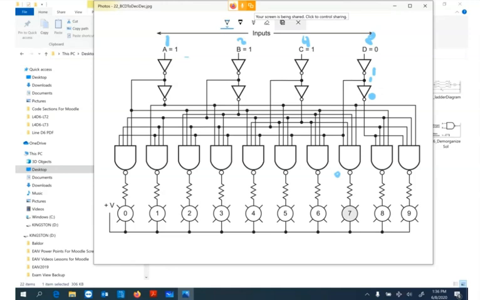So let's follow it through. This A comes along, makes that a 0. So that means this is a 0. So actually all these have to be a 1 in order for this light to turn on.